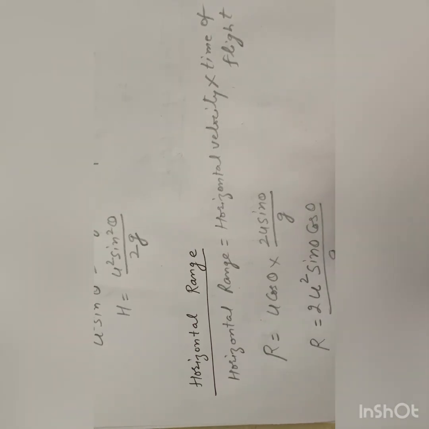So we have R equal to u square times 2 sin θ cos θ over g.